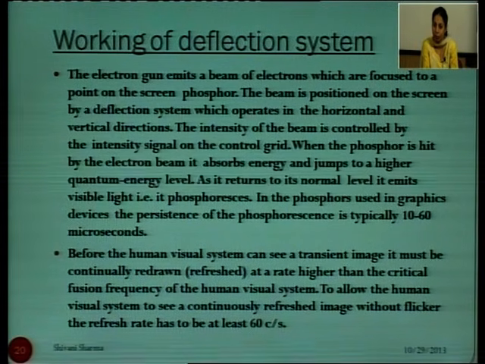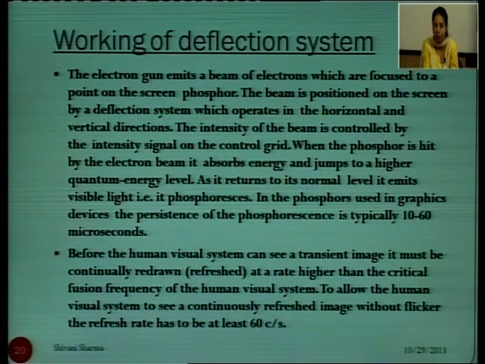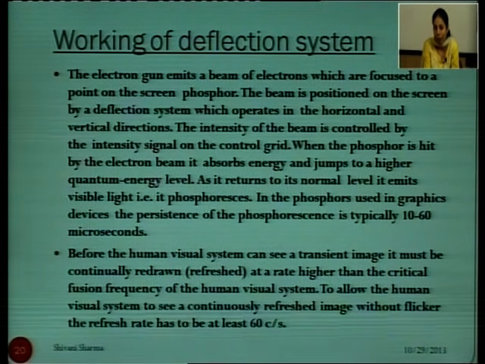That is, it should be above the critical fusion frequency for the human visual system. And to allow the human visual system to see a continuously refreshed image without any flicker, the refreshing rate has to be at least 60 frames per second.